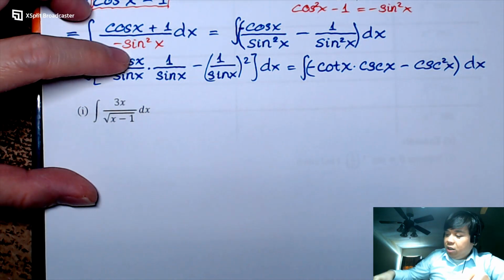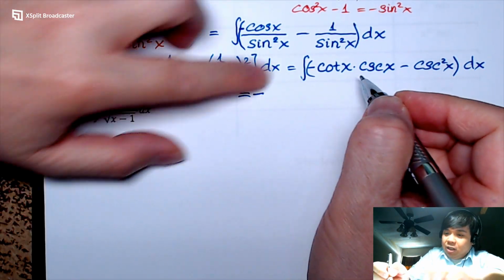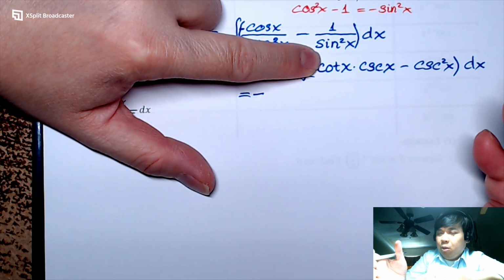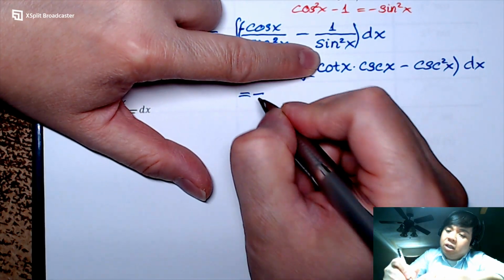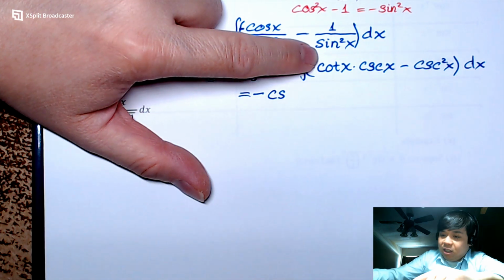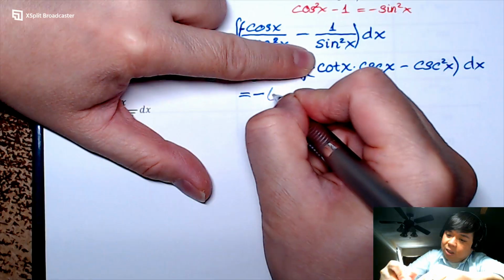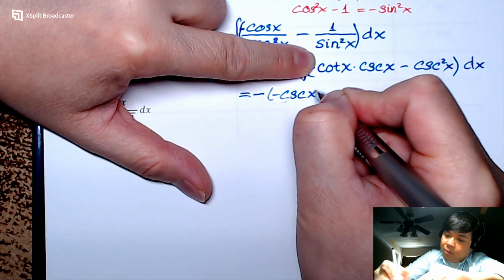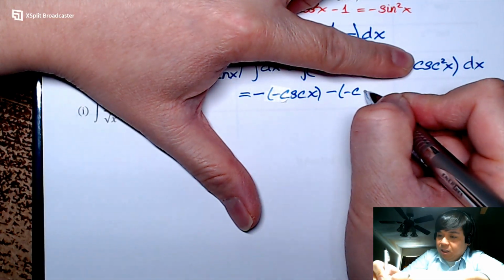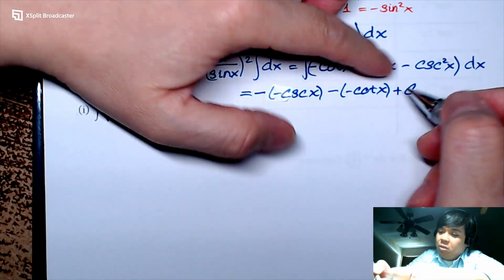So bottom line is, when it's all said and done, the integral of that is negative cosecant, and the integral of this is negative cotangent. So we just have cosecant plus cotangent.